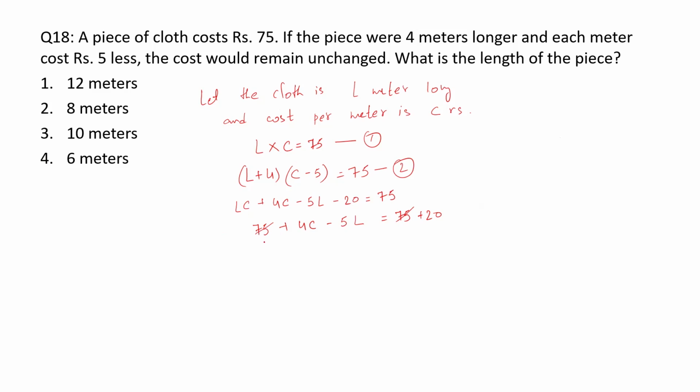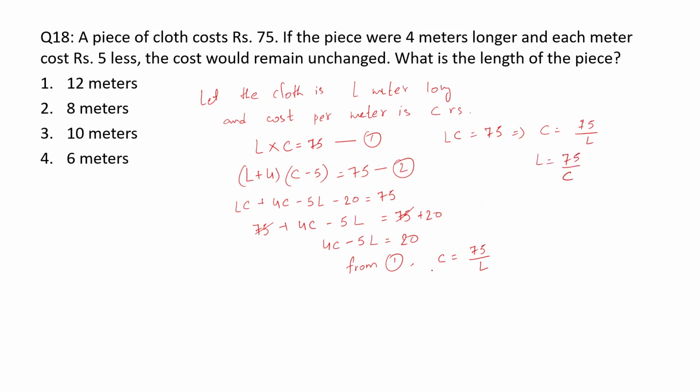So this 75, this 75 will get cancelled. So 4C minus 5L is 20. But from 1, we have C is equal to 75 upon L, right? So LC is equal to 75, so C is equal to 75 upon L, or the other way around, L is equal to 75 upon C.